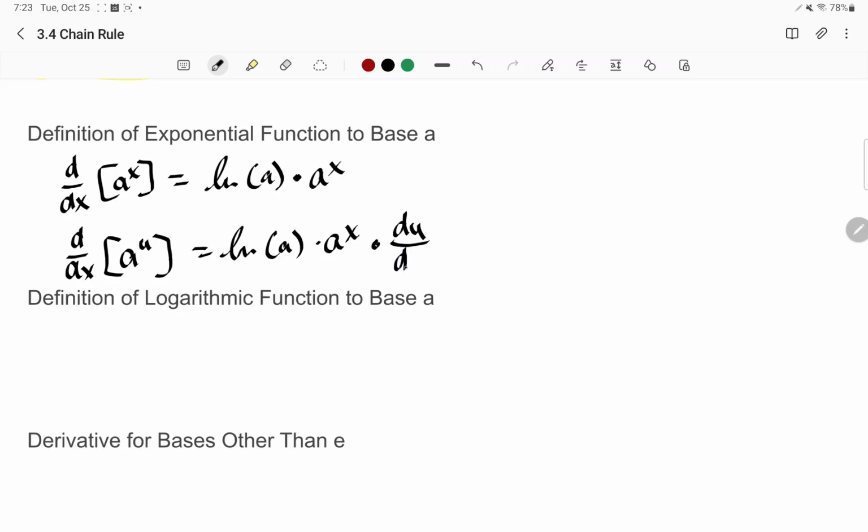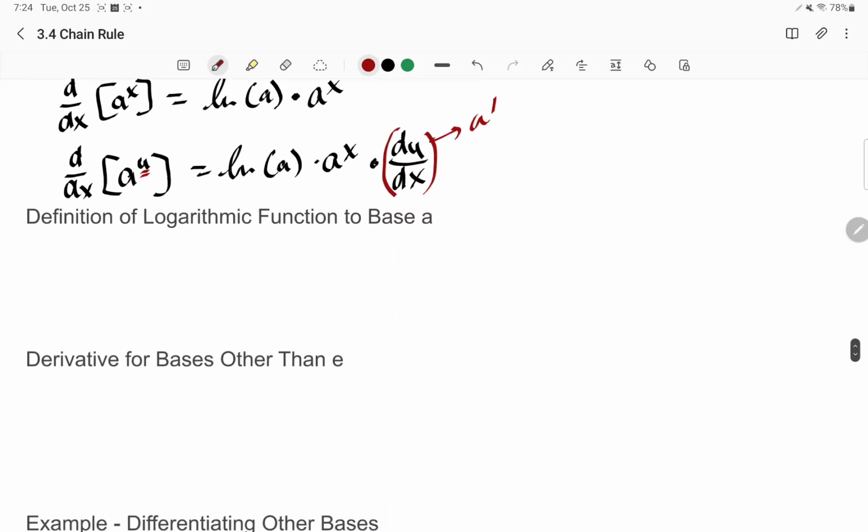So whatever that function is, this right here is just another way to say u prime. So if it's a composite function, you just multiply by the derivative of that exponent, that function in the exponent to begin with.